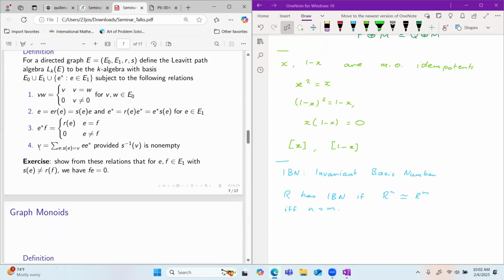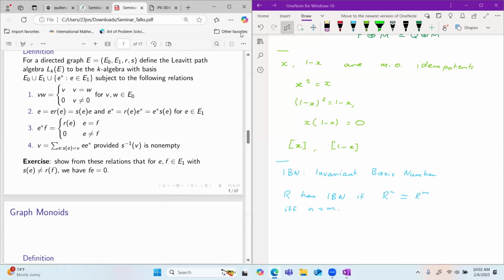And if you have V, which is not a sink, so there is an edge coming out of it, that's what this little thing here means. So if you have at least one edge coming out of V, you take the sum over all edges coming out of V, and you put E star.